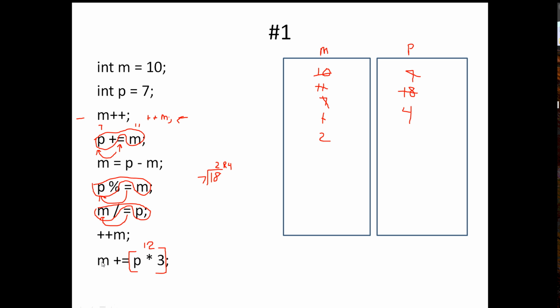So now the problem is going to read M plus 12, and that sum is going to be assigned to M. So M is 2, 2 plus 12 is 14, and the 14 gets assigned to M. Alright, so that should be your final result. M is 14 and P is 4.